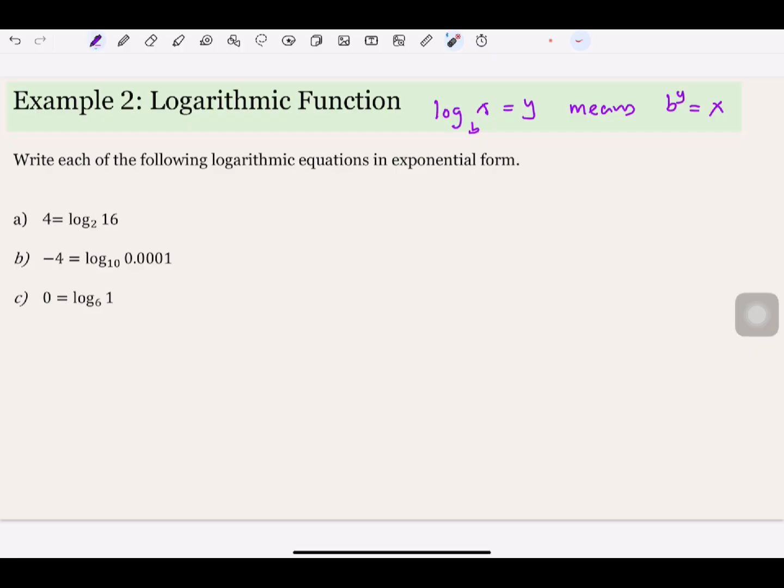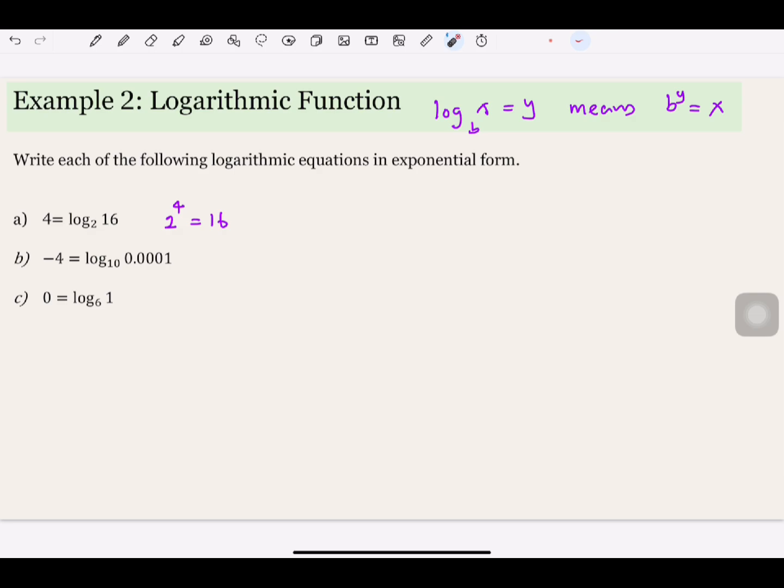Here the base is 2, this is the output and this is the exponent. So we can write this as 2 to the power 4 is equal to 16, and this is a true statement because if you multiply 2 by itself 4 times, you'll get 16.